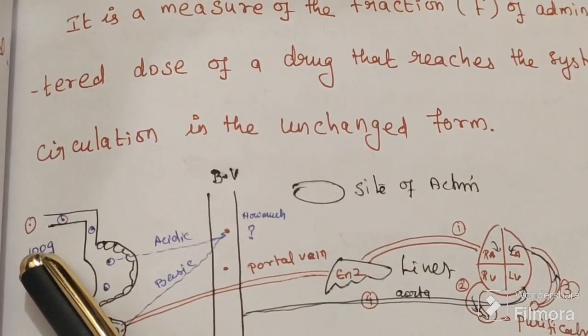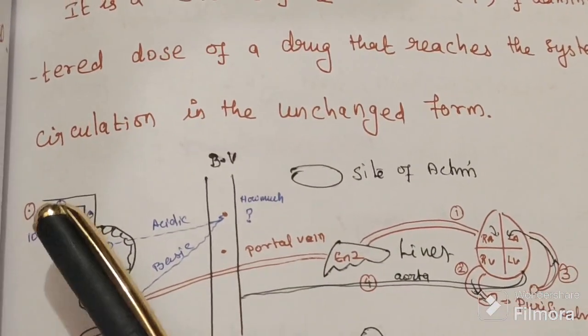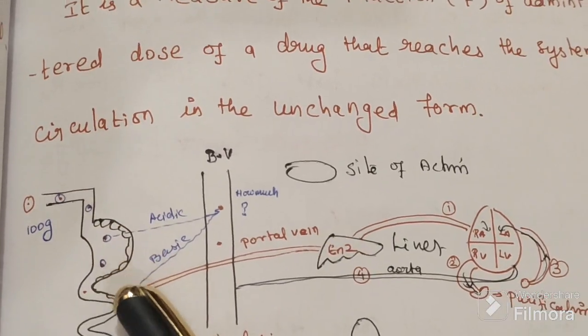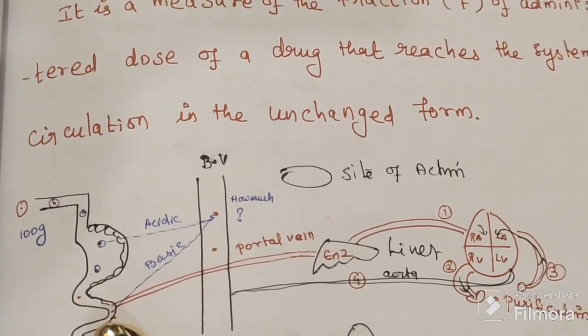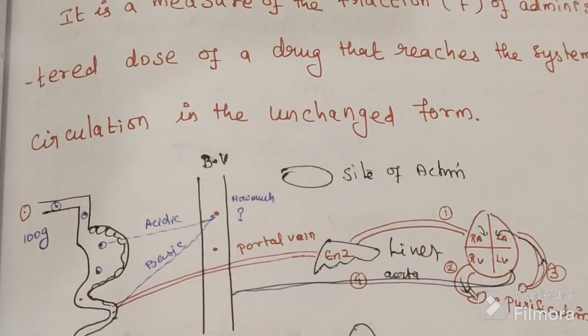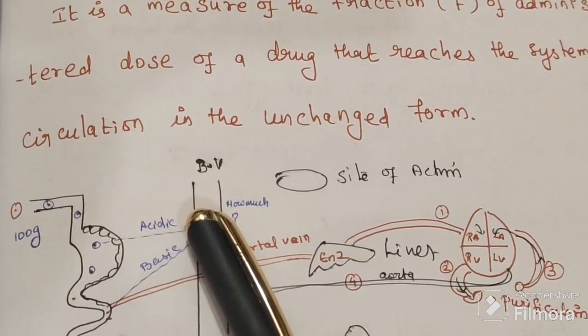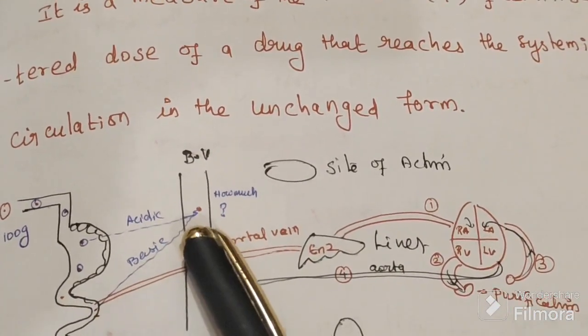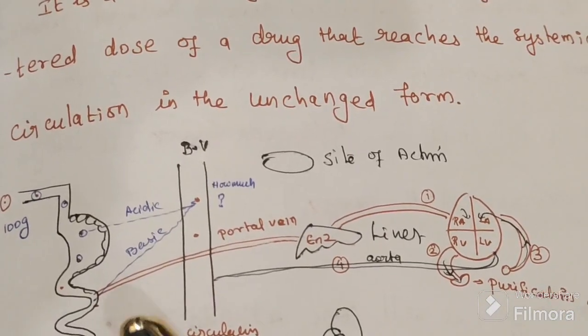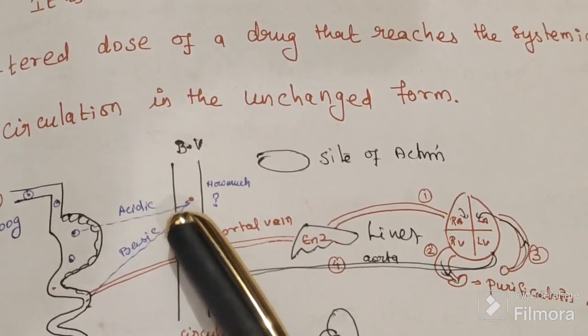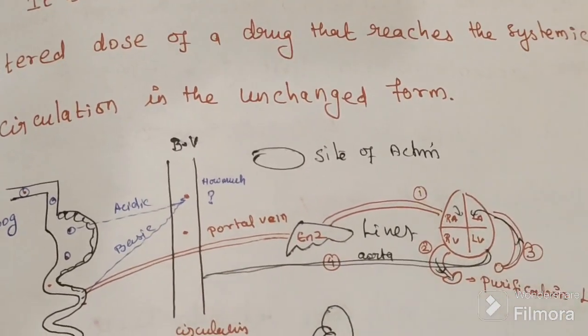The drug goes inside and gets absorbed. Acidic drugs are absorbed from acidic medium, basic drugs from basic medium. Ultimately, the drug reaches the circulation.